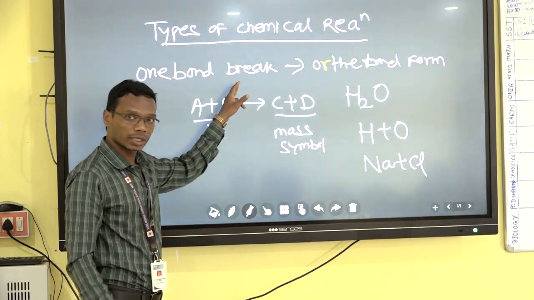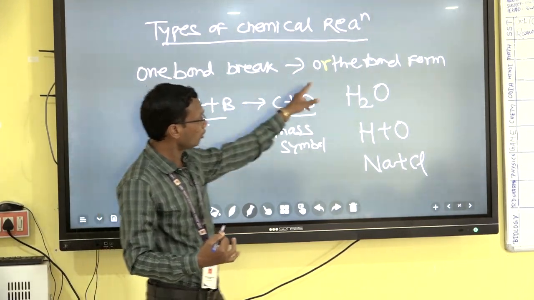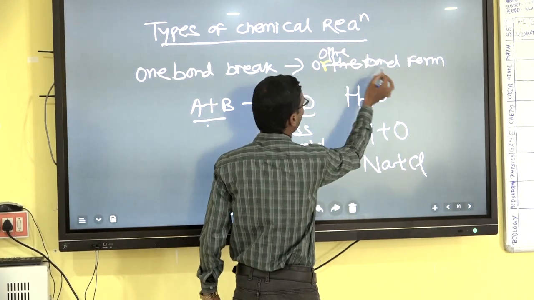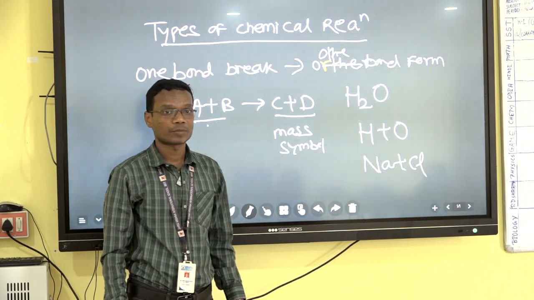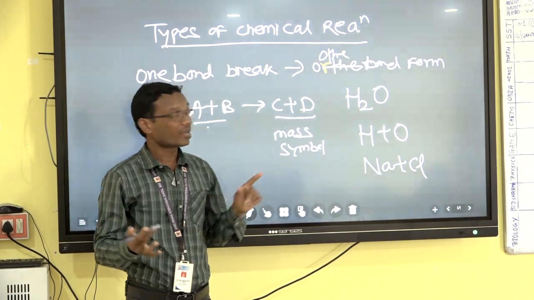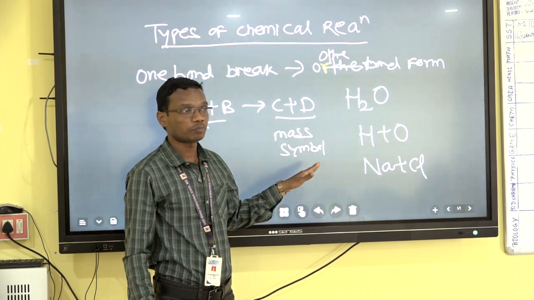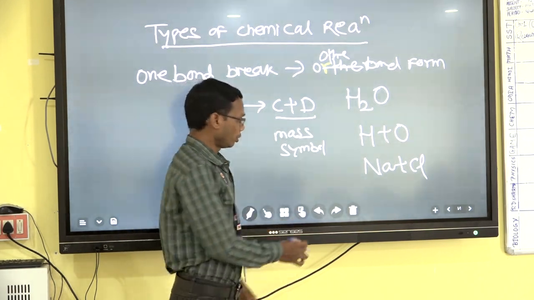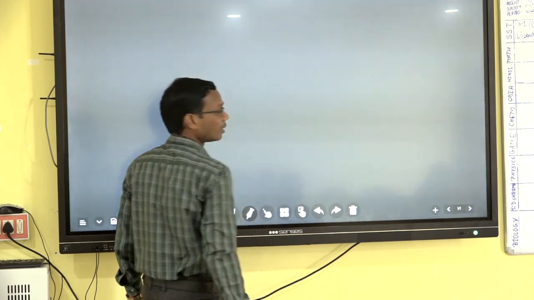One type of bond breaks in the reactant side, and other bond will form. Based on the breaking and formation of bonds, chemical reactions are of many types.